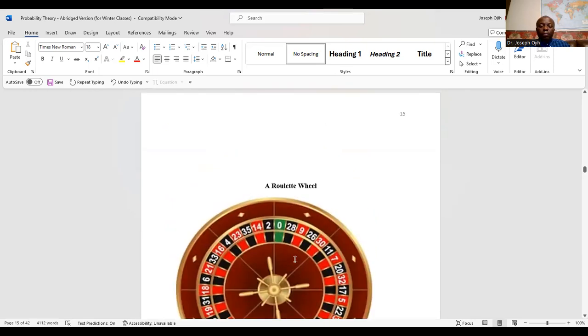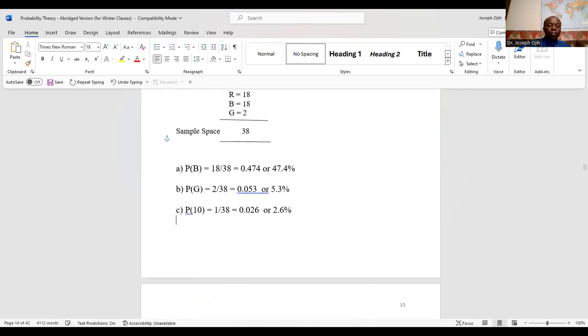So the probability that it falls on an odd number equals 18 over 38.